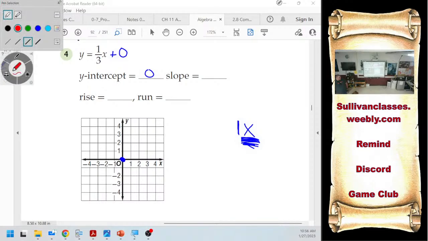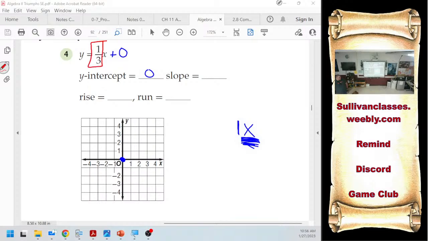The slope is identified to be 1/3. So it's positive. I'm always going to run to the right 3. And if it's positive, will I go up or down? Up 1. And again, y'all make those arrows. Tell yourself this is up and to the right. Because if I go up 1, right 3, see how I run out of room to go up 1, right 3 again?